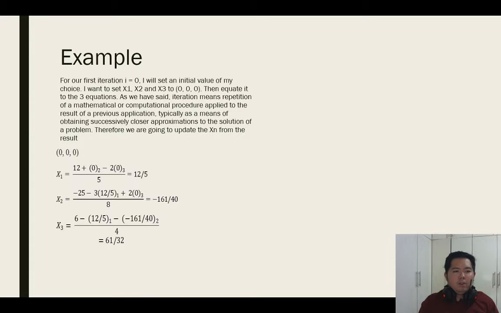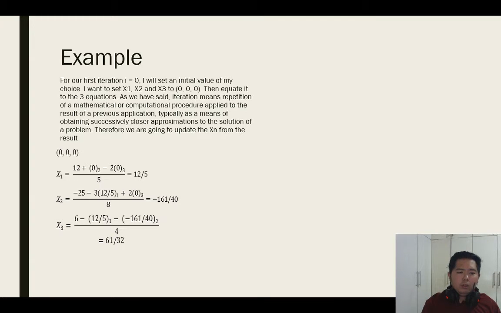Next, for x2, we have negative 25 minus 3 x1 plus 2 x3, all over 8. If we notice, x1 has already been replaced by its latest value. So it gives us negative 25 minus 3 times 12 over 5 plus 2 times 0, all over 8, which gives us negative 161 over 40.